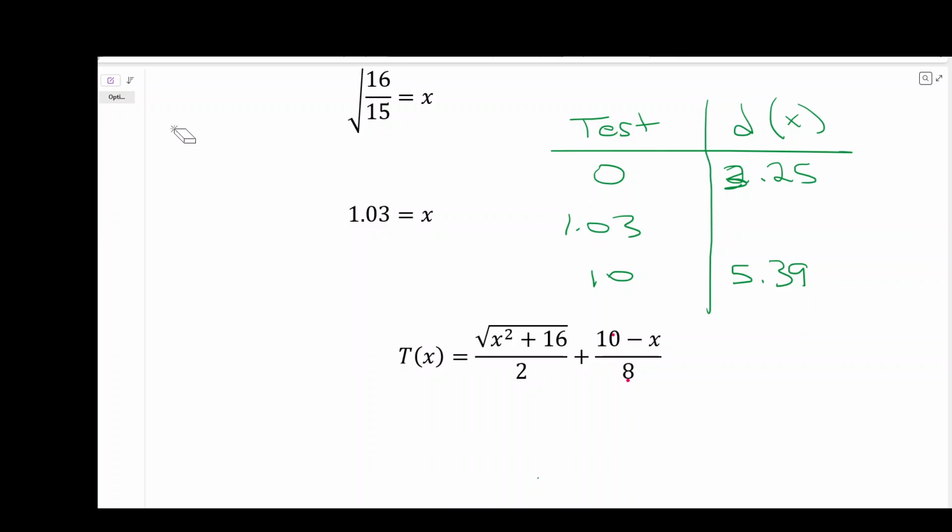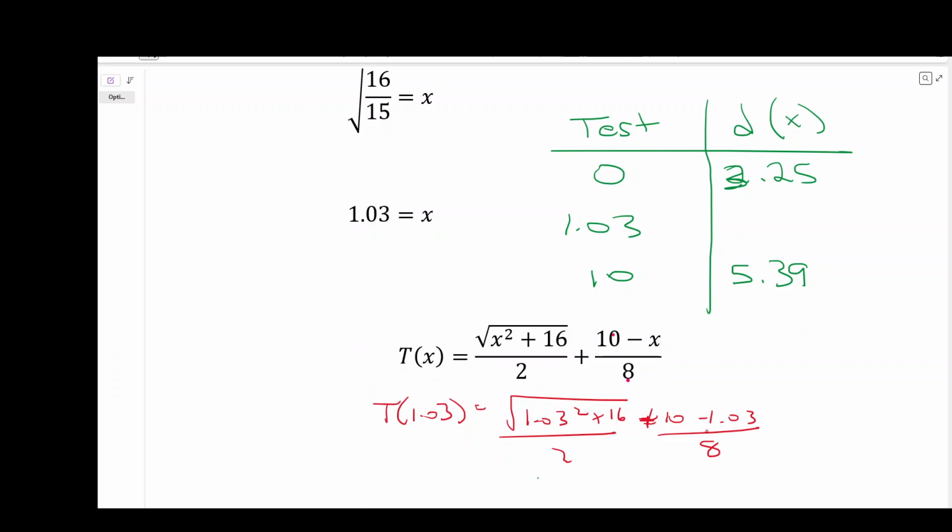But now the big one, let's test 1.03. So I'm going to sub 1.03 into the equation, and I'm going to do it in my calculator, just making sure that you're comfortable with what is happening. So 1.03 squared plus 16.